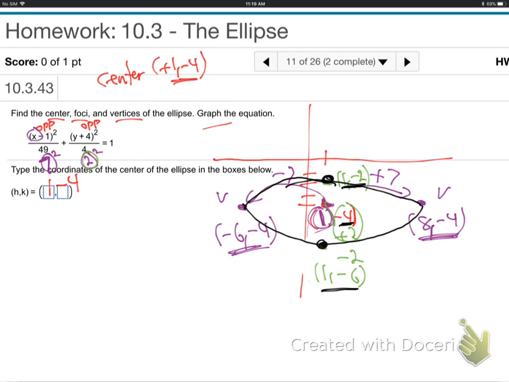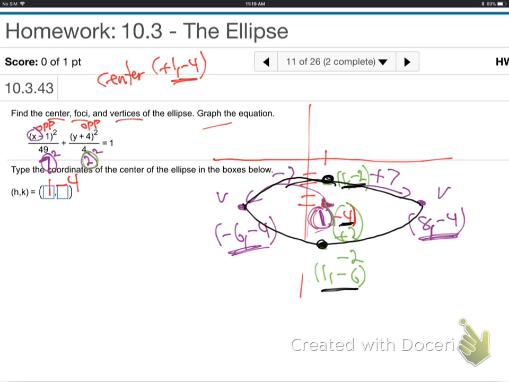When I go right, left, I add and subtract 7 to the x-coordinate. When I go up, down, I add and subtract 2, that's what's underneath y, 2 squared, to the y-coordinate. So -4 plus 2 gave me -2, and -4 minus 2 gave me -6. The x-coordinate doesn't change when you're going up and down. Is that good? We've almost got everything.